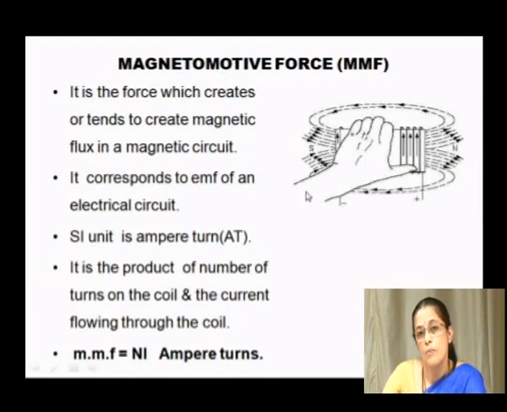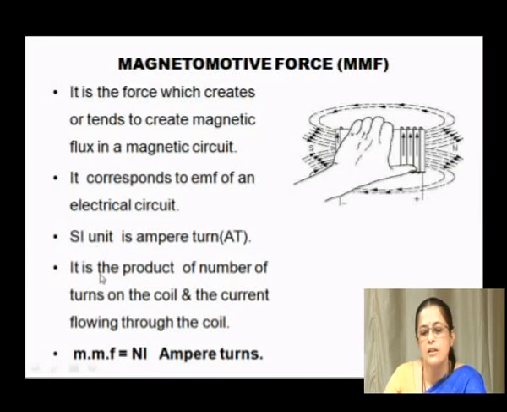So, magnetomotive force is a motivating force for the flux to be set up. It is the force which creates or tends to create magnetic flux in a magnetic circuit. It is very much similar to the EMF in an electrical circuit.